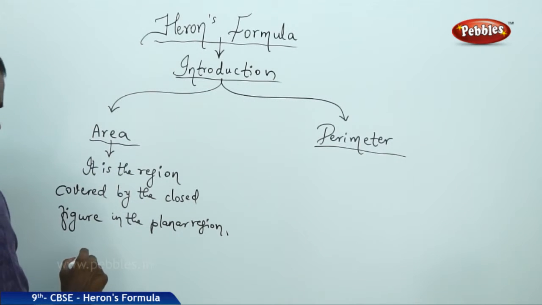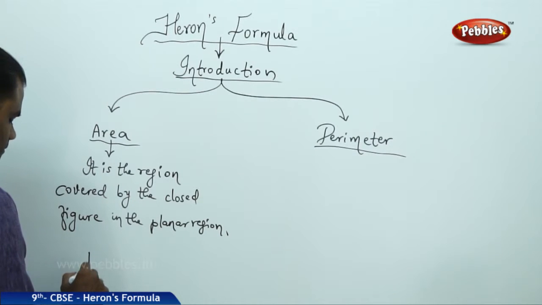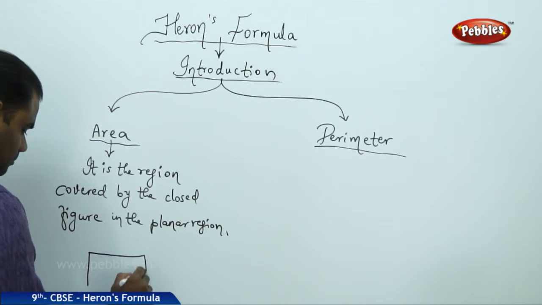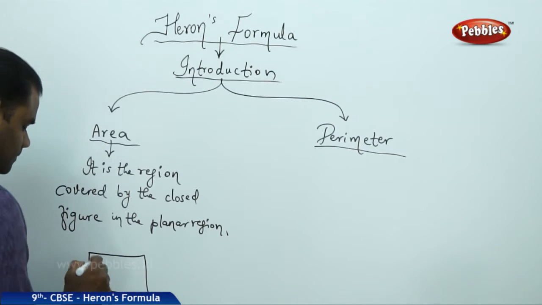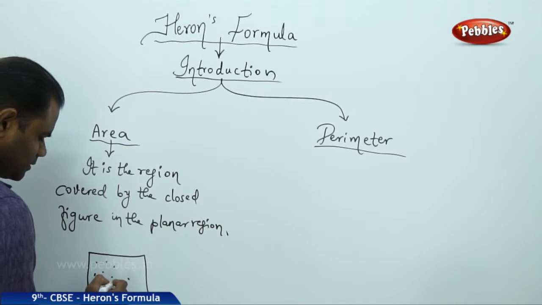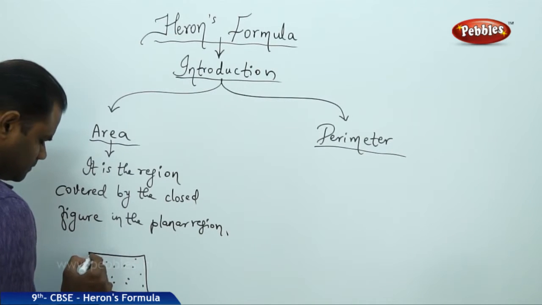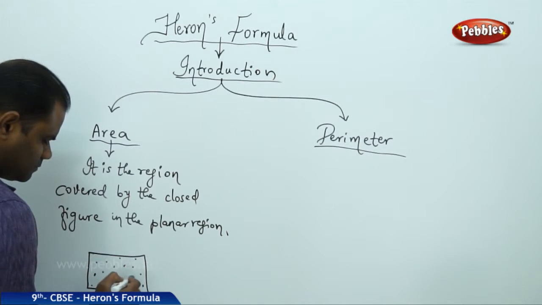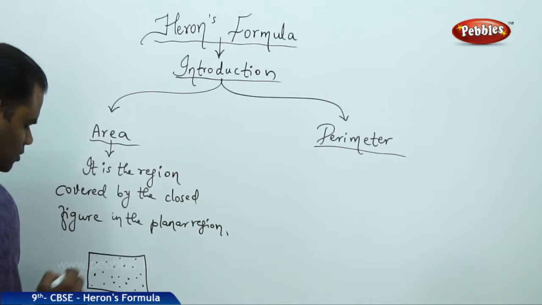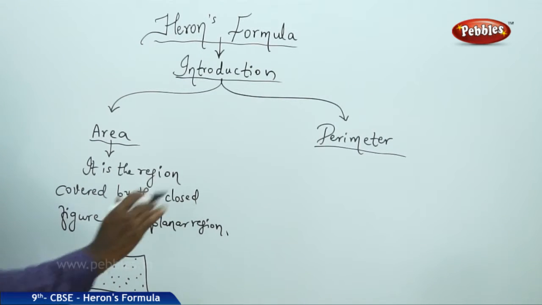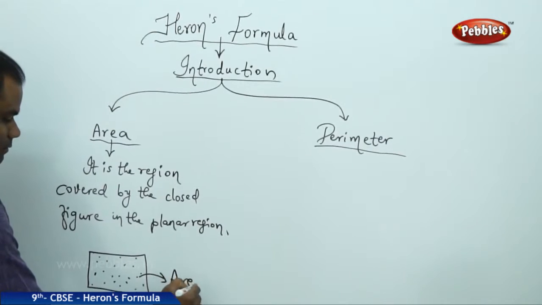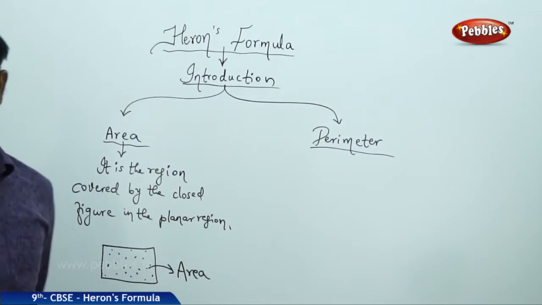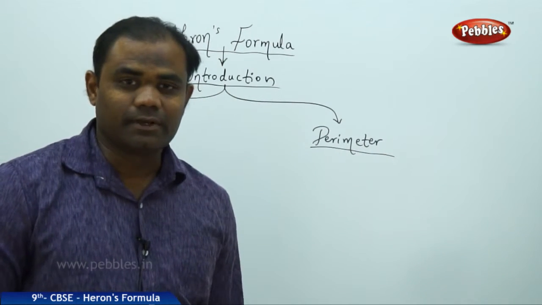For example, I take the example of the rectangular plank as we have discussed. This would be nothing but the area. So this dotted region, which covers the entire closed solid four-sided figure, is nothing but called the area. So this represents the area. The dotted region is area.